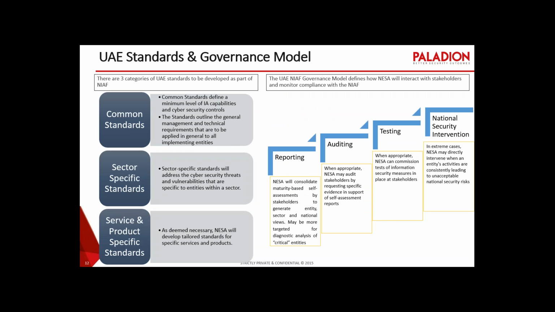And finally, the fourth and fifth capability is about having the right set of standards. So NESA is going to define, again, three levels of standards. The first one is already defined. The second set of standards are getting developed, which is the sector-specific standards, which will be primarily subjected to a specific sector.